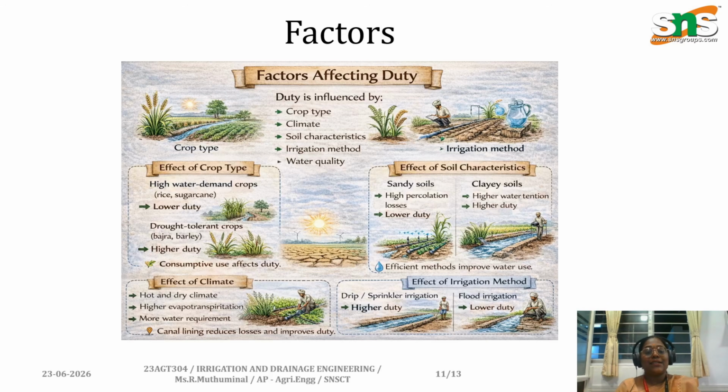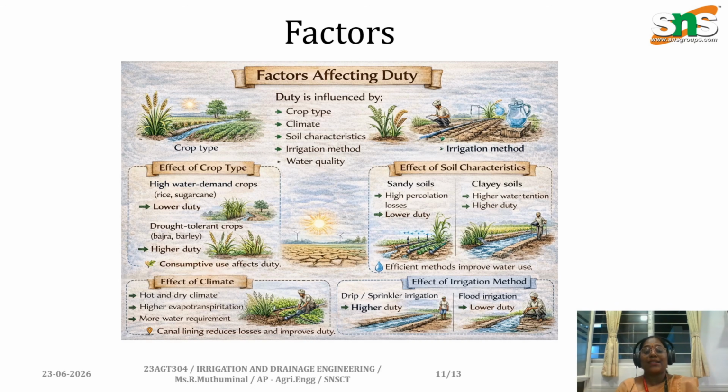Now let us discuss the factors affecting duty. Several factors influence duty. The type of crop is one of the most important factors because different crops have different water requirements. Climate also plays a major role. High temperatures and strong winds increase evaporation losses and reduce the duty.